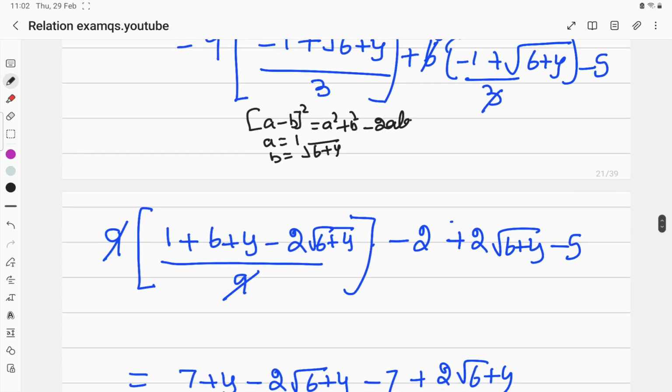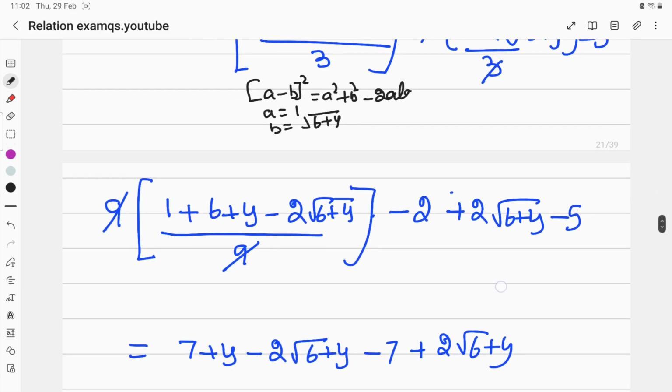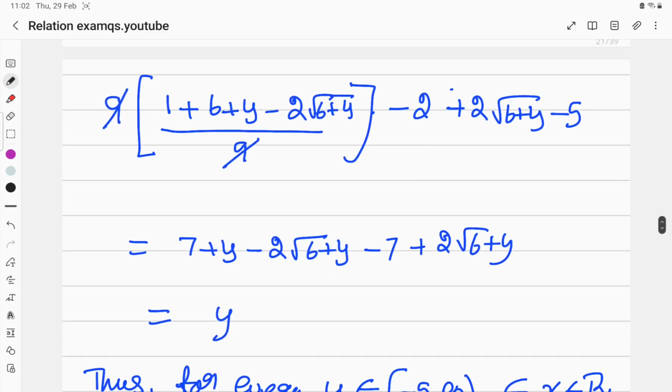The square and root cancel off, then on simplifying everything is cancelled. So we get f of x is equal to y.